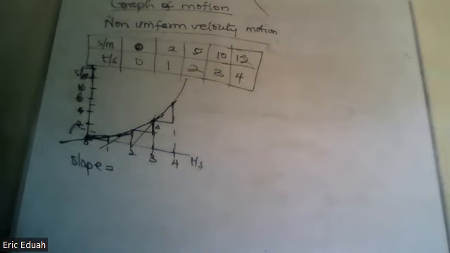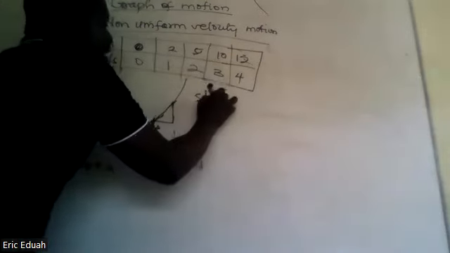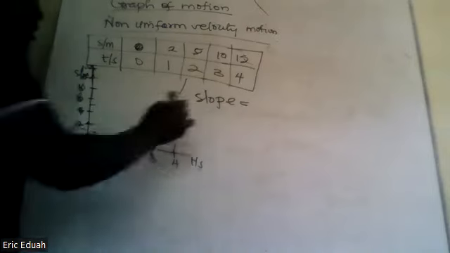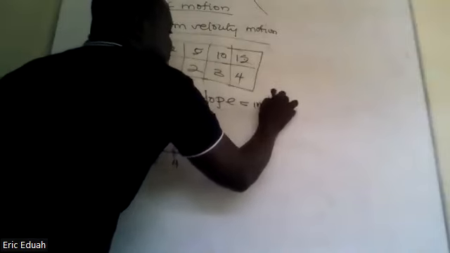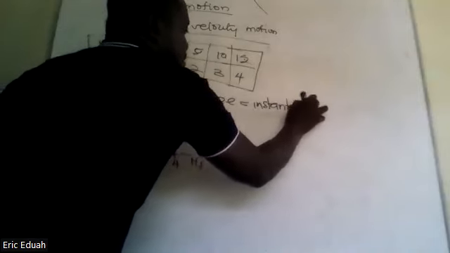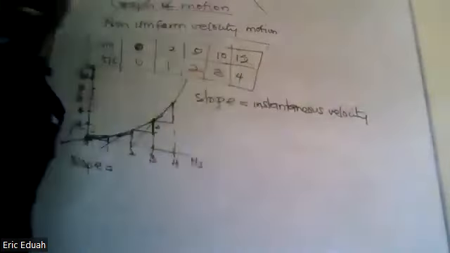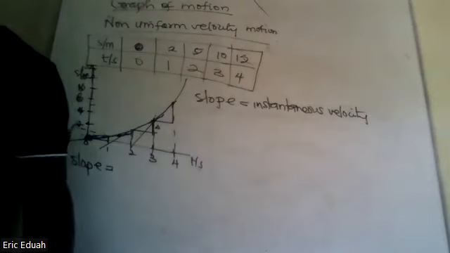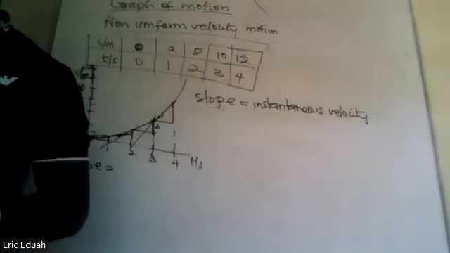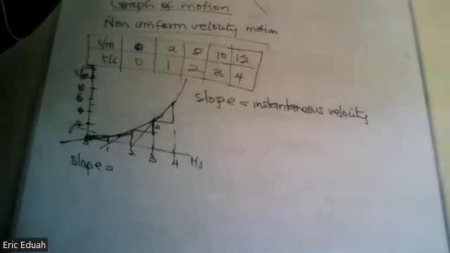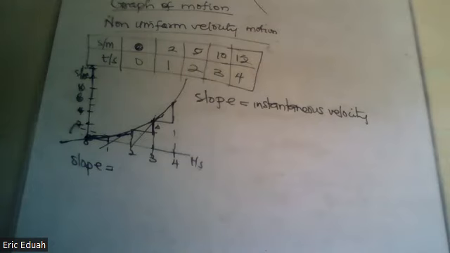So if you have a non-uniform velocity motion, the slope will always give you what we call instantaneous velocity. Instant is time; it is velocity within a given time interval. But you can't have it throughout the motion.